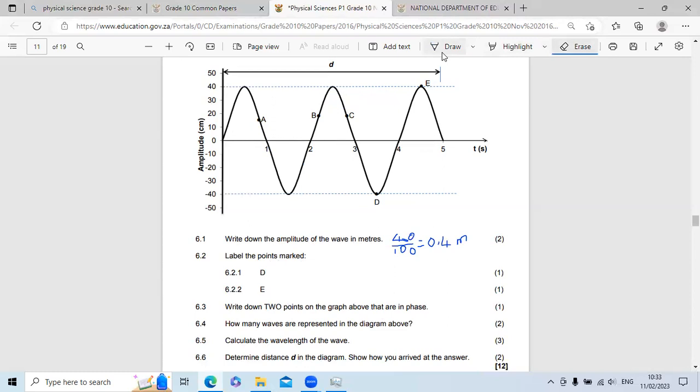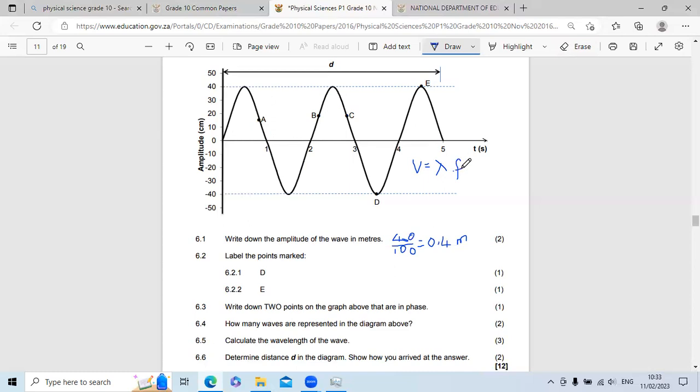We were actually on our way to talking about speed during our Thursday lesson. So I'm actually just gonna show it to you right now. Remember, the speed is equal to the wavelength multiplied by the frequency.